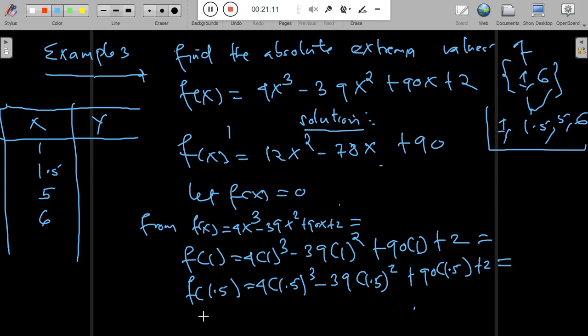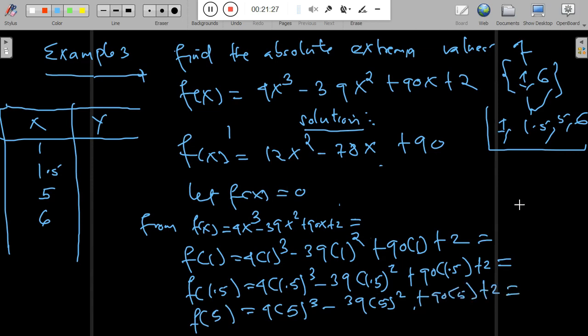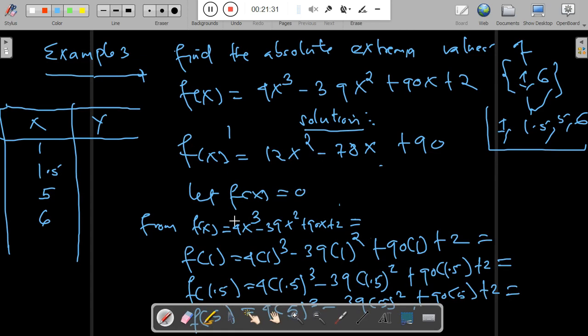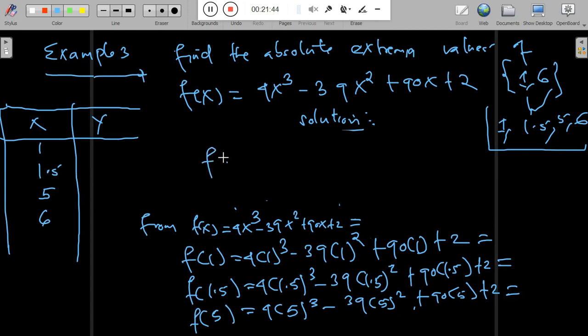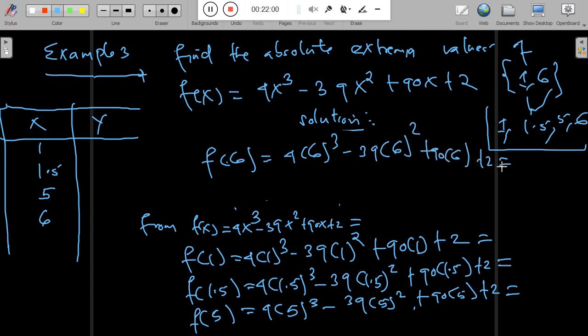The second, we plug in 1.5: 4 times 1.5 cubed minus 39 times 1.5 squared plus 90 times 1.5 plus 2. We plug in 5: 4 times 5 cubed minus 39 times 5 squared plus 90 times 5 plus 2. We plug in 6: 4 times 6 cubed minus 39 times 6 squared plus 90 times 6 plus 2.